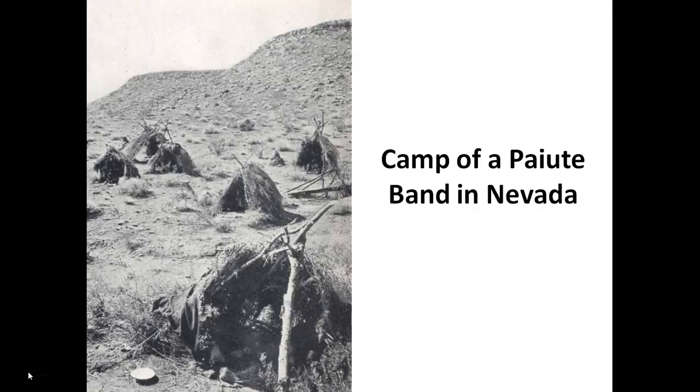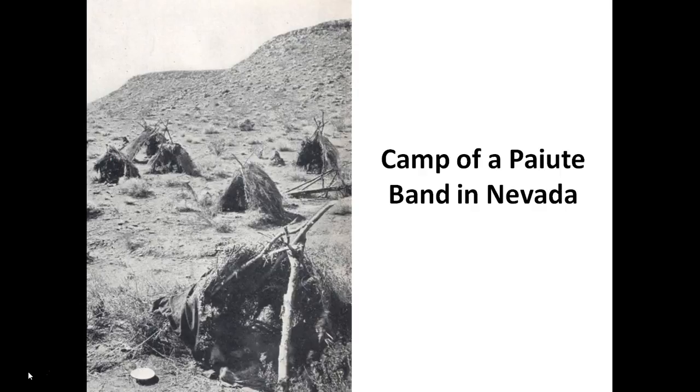This photo shows a camp of a band of Paiute Indians near Kanab, Utah in the 1860s. The Paiutes moved across a wide area, gathering different edible plants and hunting different animals, and they would stay in certain areas for just brief periods of time, leaving a very light footprint upon the landscape.